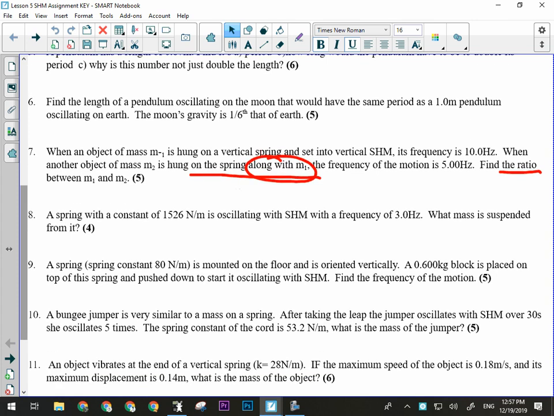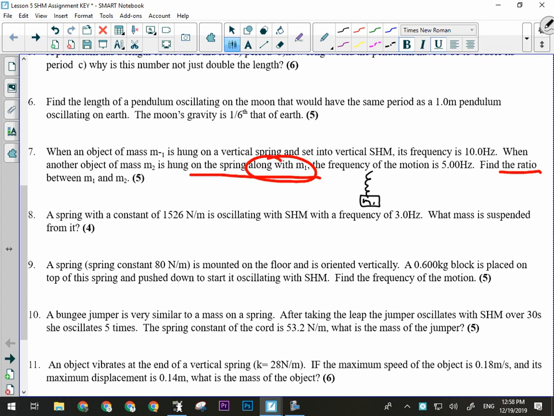Question number 7, this is a tough one. I'm going to give you some important tips and hints for this one. In our first situation, we have 1 mass hanging from a vertical spring. Just mass 1 is hanging from this spring. When that is the case, the frequency of the oscillation is 10 hertz.